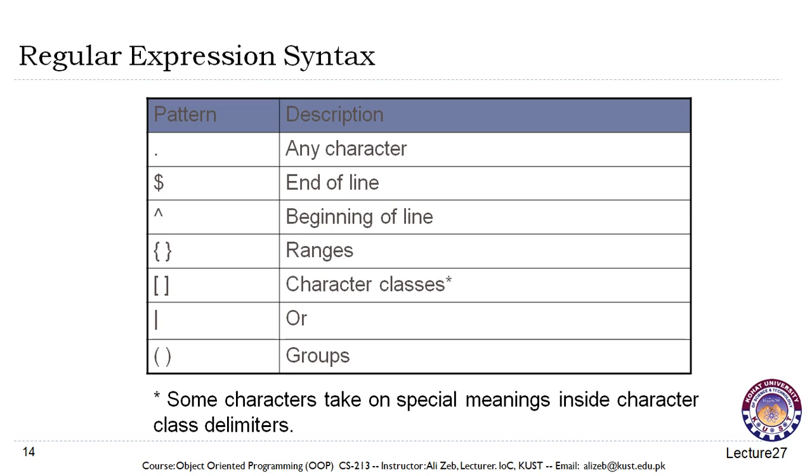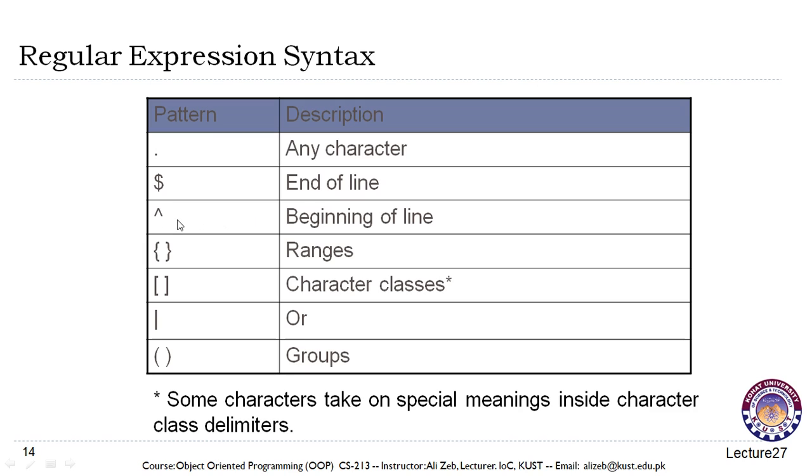The syntax of the regular expression, as we saw, is that a dot can be any character, and we will see this in examples as well. A dollar symbol is usually used at the end of the line. A caret symbol used outside of the square brackets marks the beginning of the line.